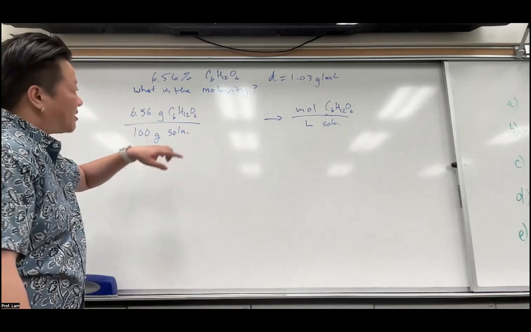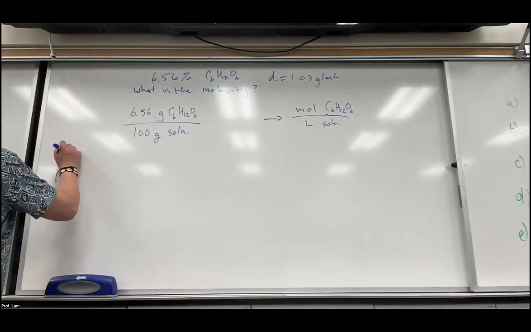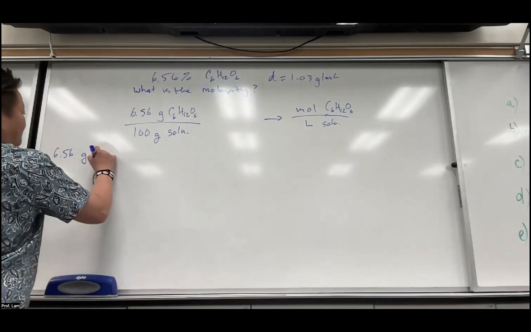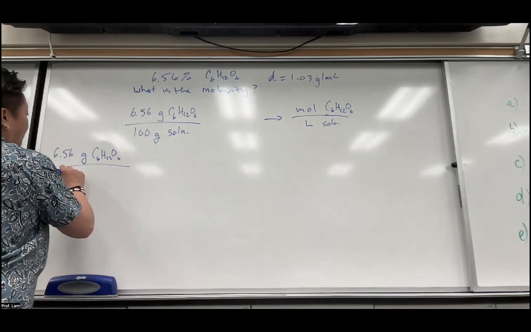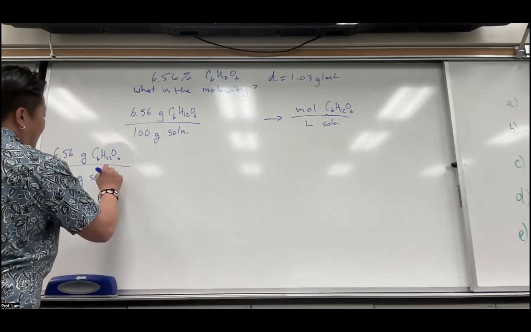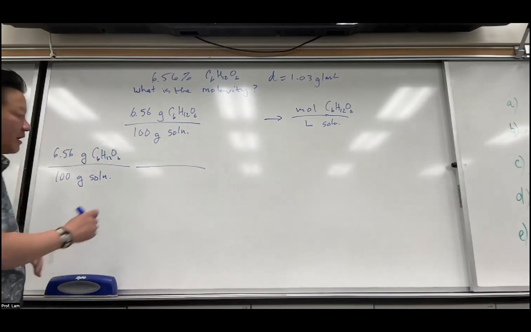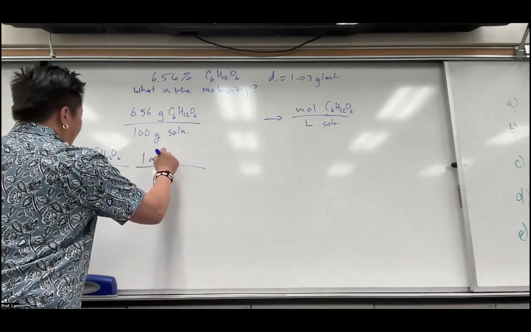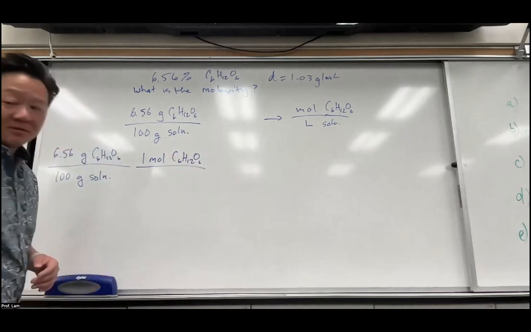So make the top match first before you do the bottom. Start with 6.56 grams of C6H12O6 over 100 grams of solution. I'm going to turn the top into a mole, so I need 1 mole of C6H12O6, and then down here would be the molar mass.